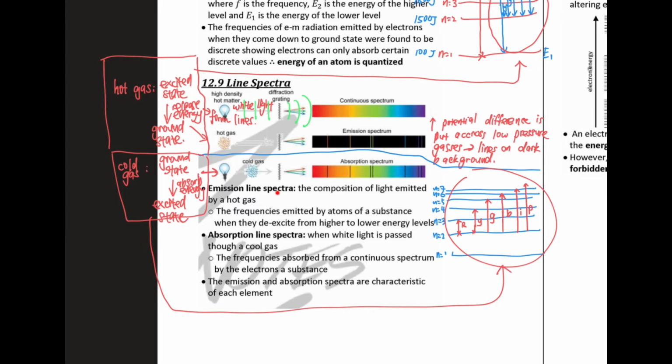The composition of light emitted by a hot gas. So you have to know that hot gas is currently in excited state. It is not stable, releases energy and comes back to ground state.